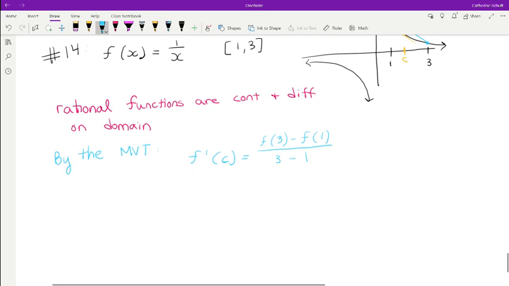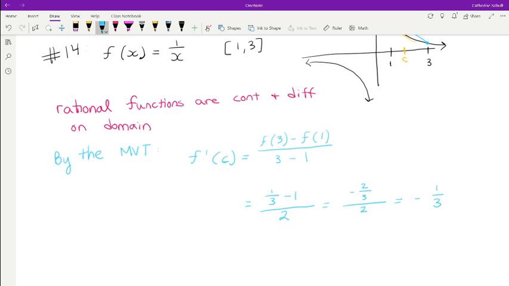F of 3, if our function's 1 over x, is 1/3 minus f of 1, which is 1, over 2. So 1/3 minus 1 is negative 2/3, divided by 2, or multiplied by 1/2, and that simplifies to negative 1/3, right?